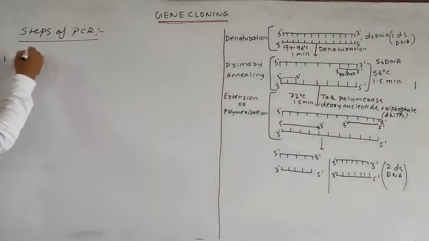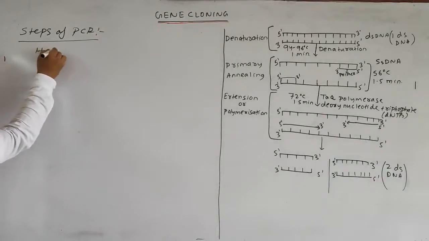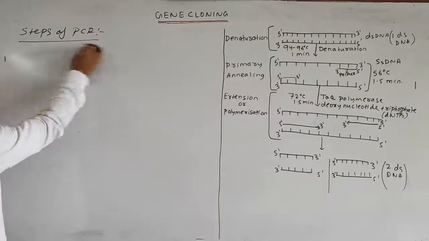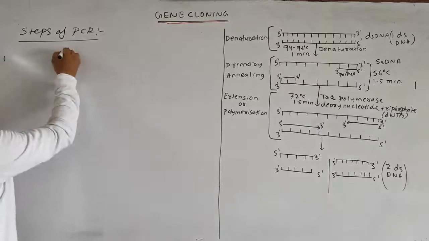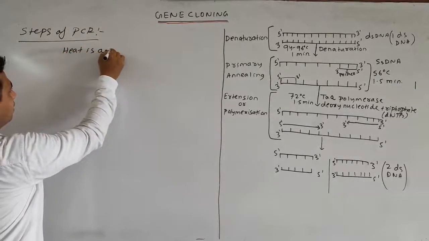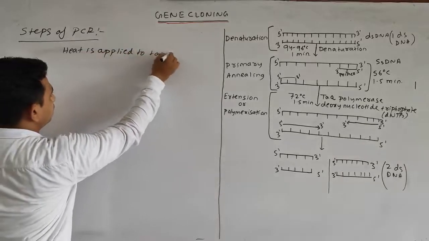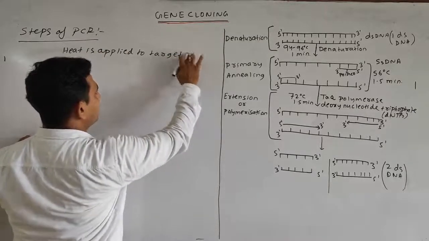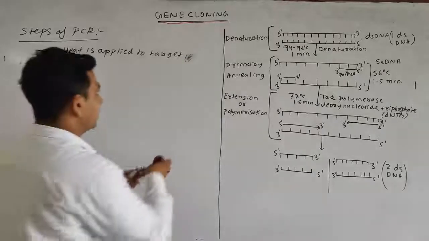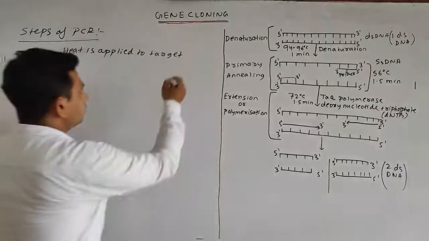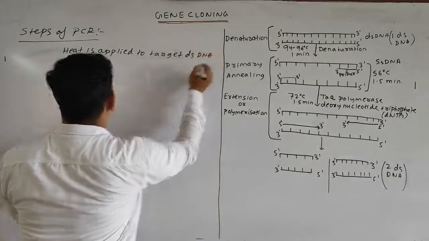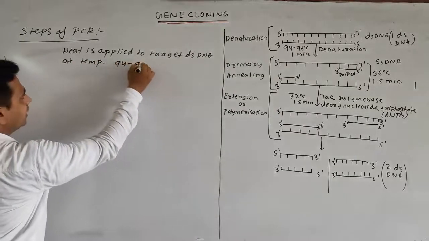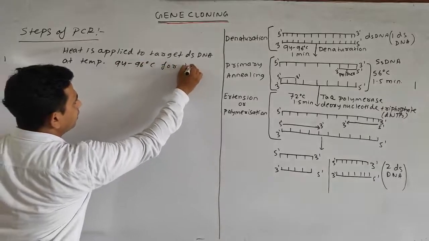First, heat is applied to the target double stranded DNA at a temperature of 94 to 96 degrees centigrade for 1 minute.